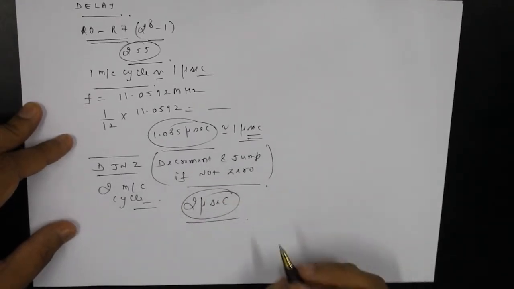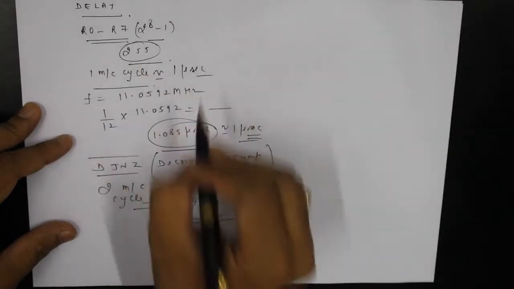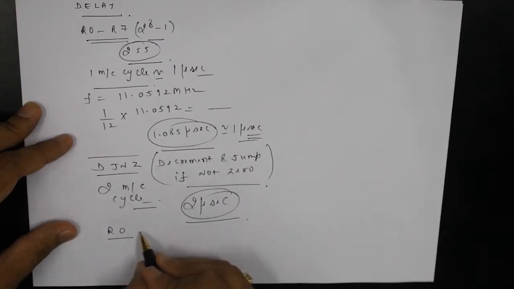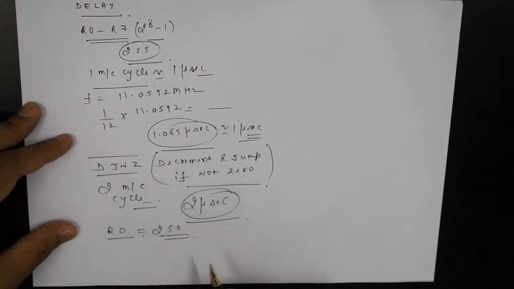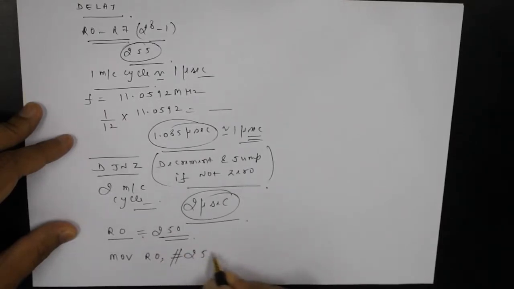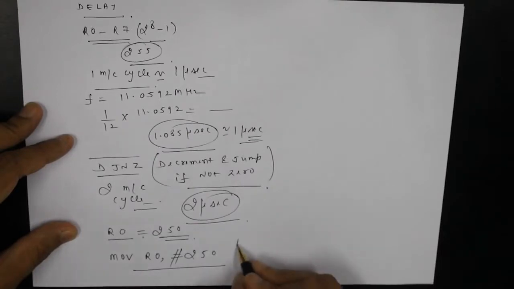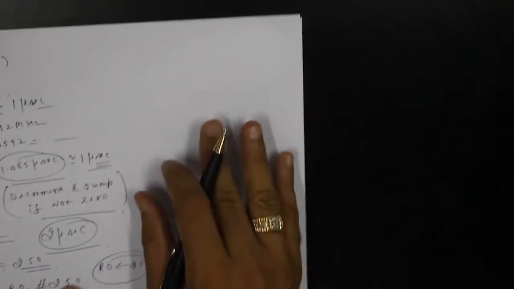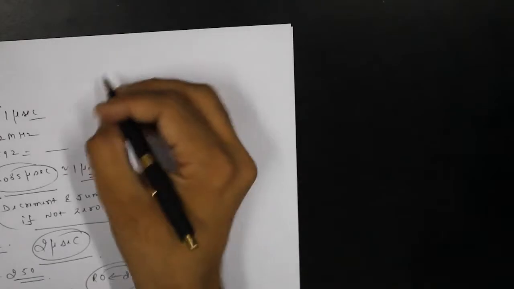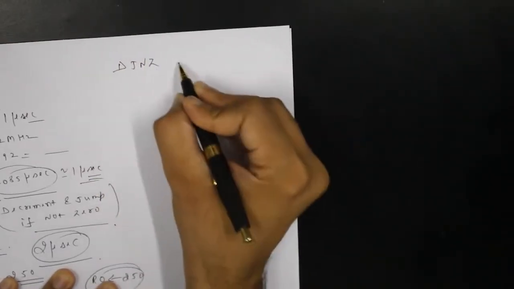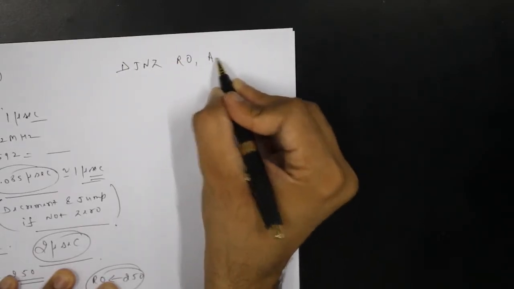In case I load one of these registers, let's say R0, with a value of 250, like mov R0, #250, it means R0 will be having the value of 250. Now I'm going to write one instruction, let's say like this. If I write DJNZ R0, A1, A1 is a label.